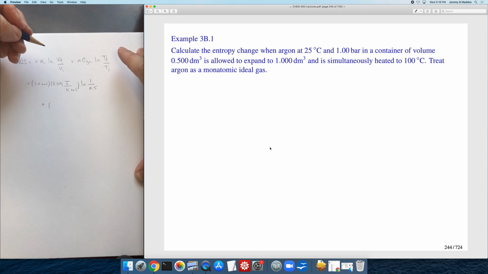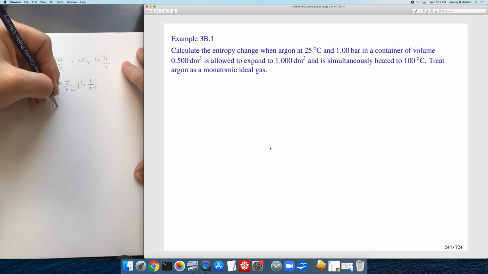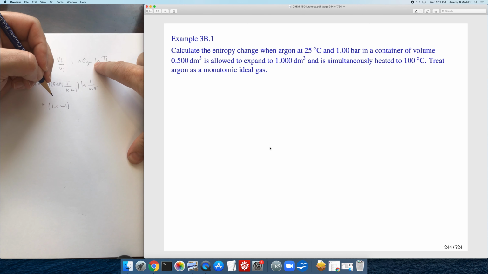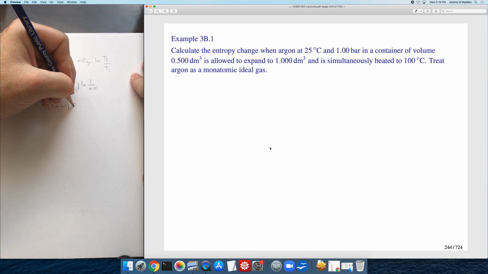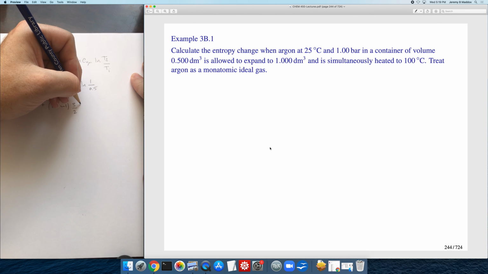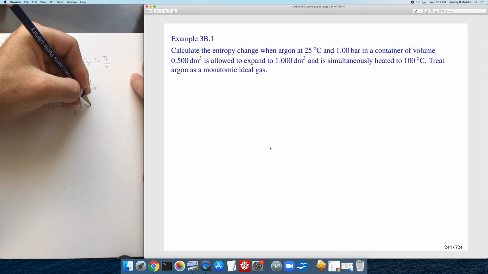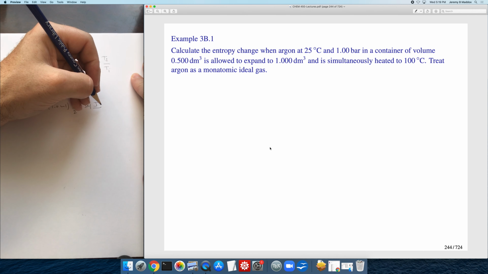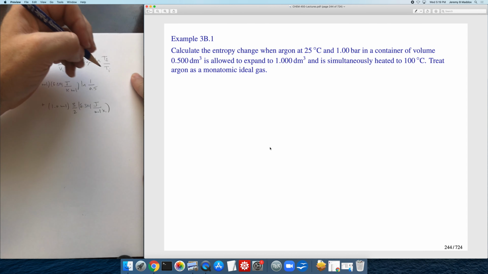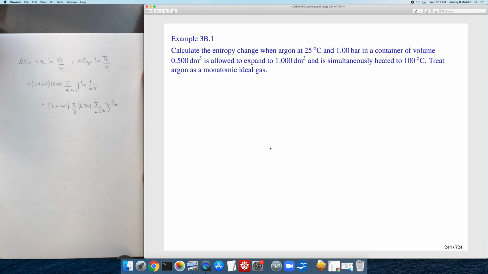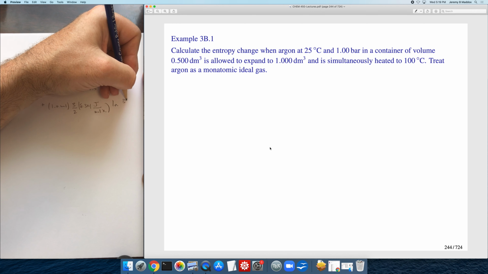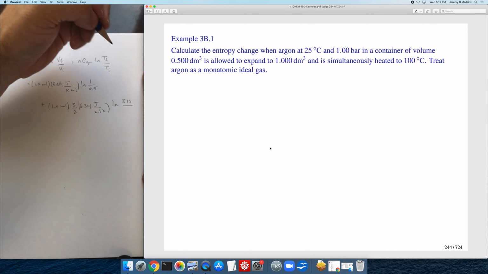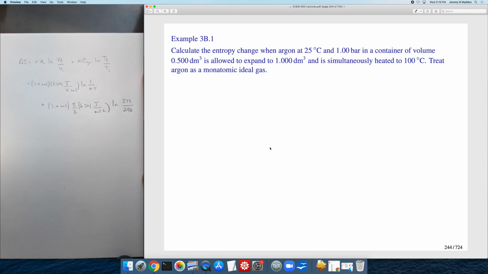And then for the heating term, we'll have 1 mole of gas. The heat capacity for argon is going to be 3/2 times 8.314 joules per mole Kelvin. And then it's the natural log of 373 Kelvin for the final temperature divided by 298 Kelvin for the 25 degrees Celsius.